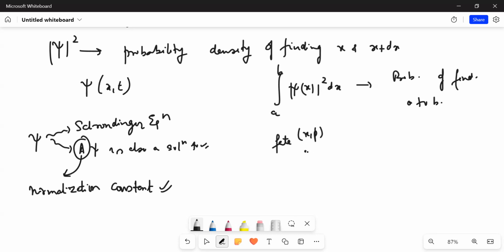Let us say I tell you that this is your particle, and you don't give it any velocity and just leave it.